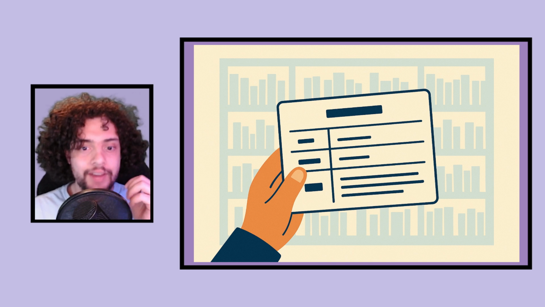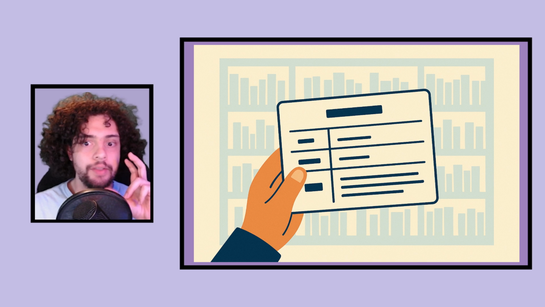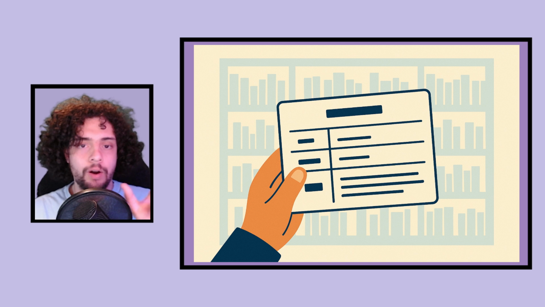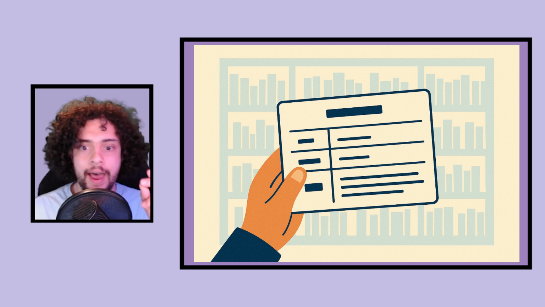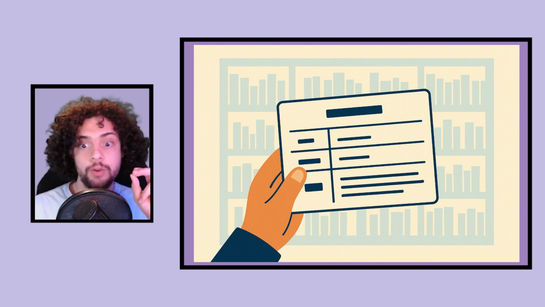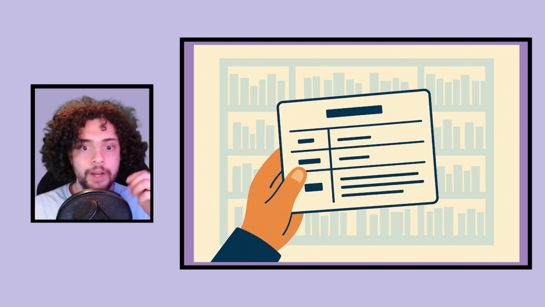This is where site schema comes in. You can think of site schema as these index cards in an old school library. Each of these cards is going to give you information like the book's title, the author, the genre, maybe even the word count. It might get to the most minute detail, or it might just have a summary of what's inside. And you're not going to need to open up every book and skim through it.